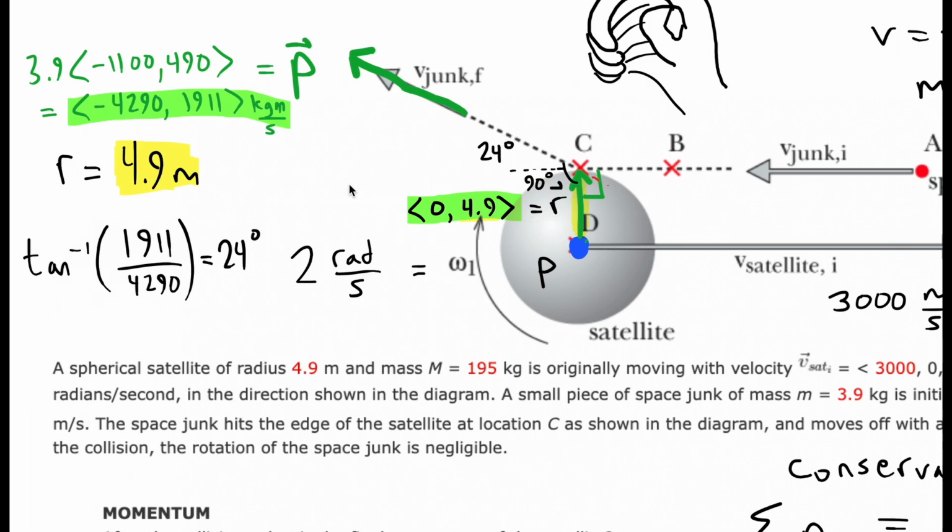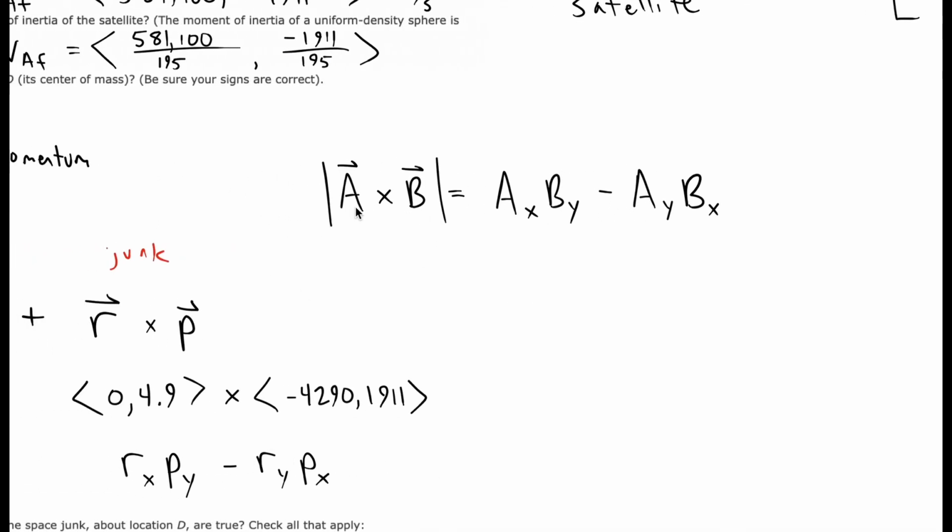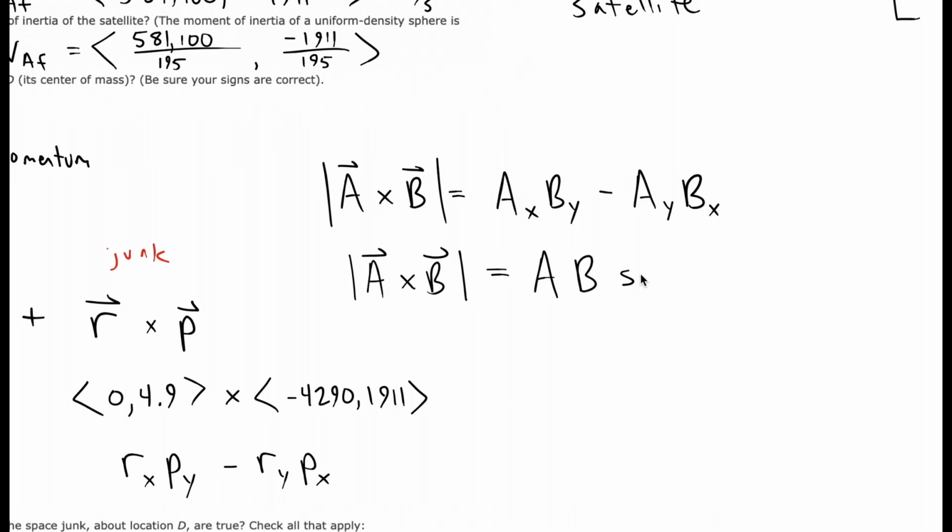So our theta then would be 24 plus 90, or 114 degrees. So if we didn't want to use this approach for the cross product, we could use this one. It really just depends on which way you want to do it.